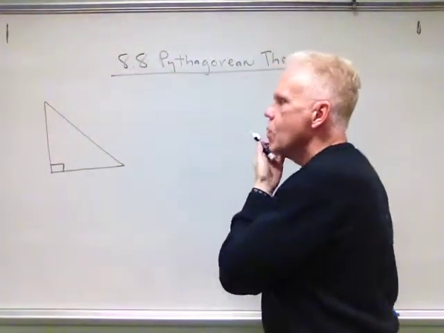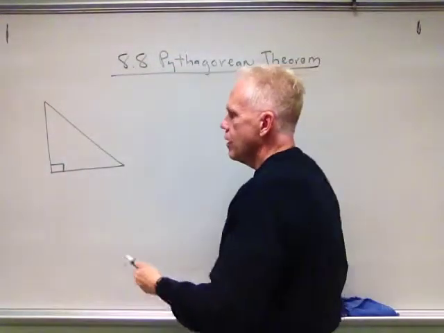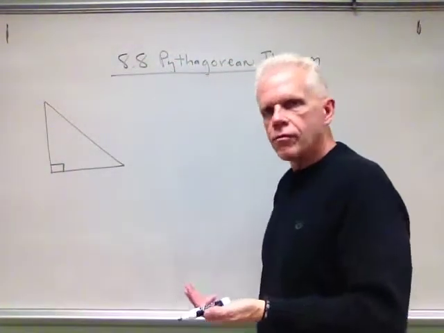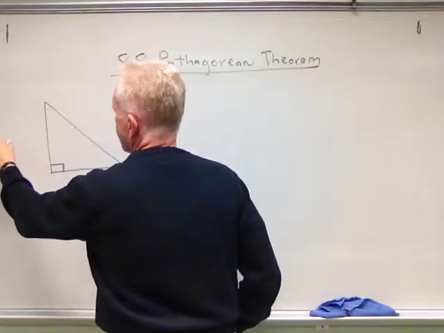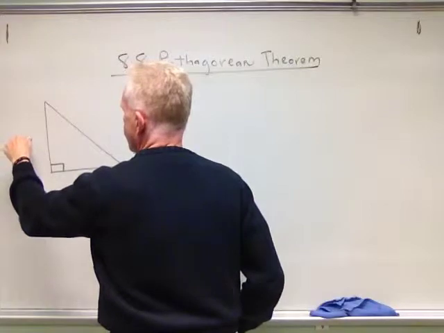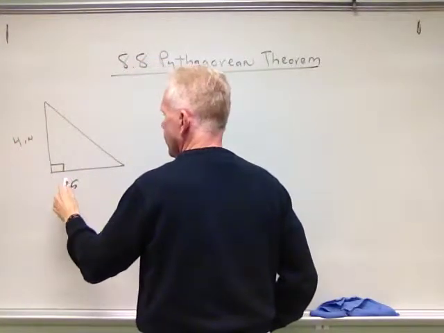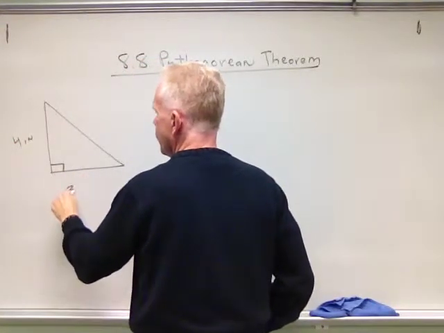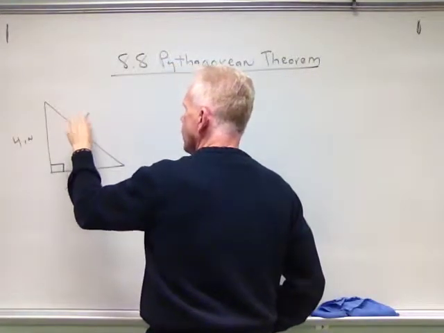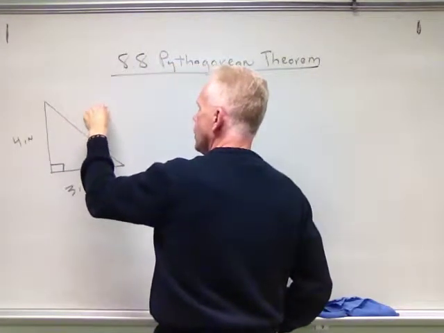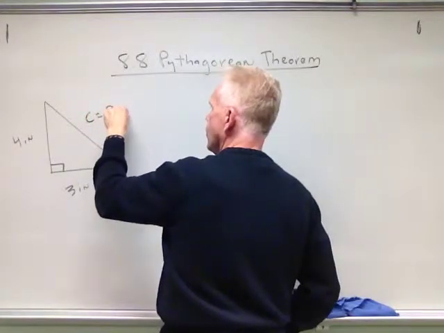What we want to do is, let's say we're given the length of two of the legs. Let's make this leg right here 4 inches. Let's make this leg right here 3 inches. And what we don't know is the hypotenuse, c equals question mark inches.